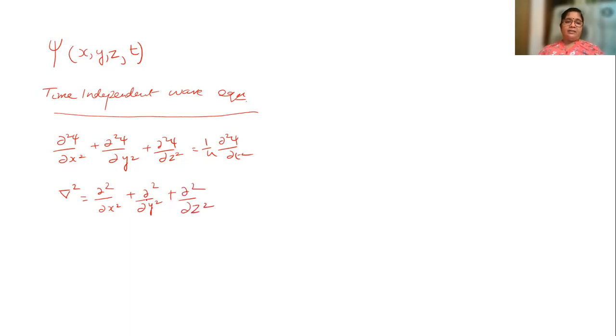So you can replace this with del square, where del is known as the Laplacian operator. So you can rewrite this equation as del square psi equal to 1 by u square dou square psi by dou t square. This is equation 1.